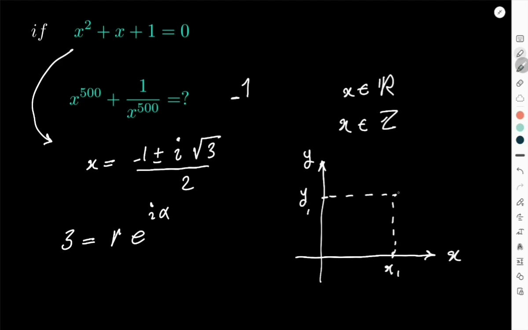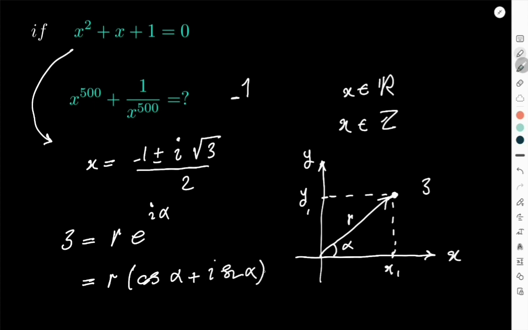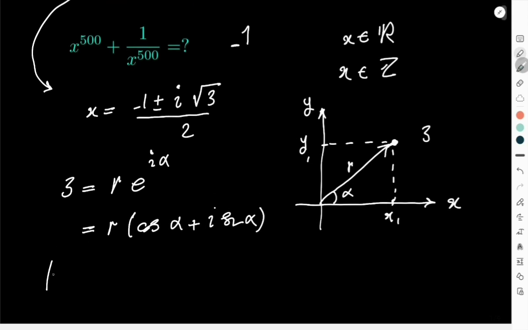This is z. So we know that z can be looked at as a vector where the size of the vector equals r. So r is the size of this and alpha is the angle here. And this is indeed the Euler formula, and if you expand this formula, you get r times cosine of alpha plus i sine of alpha. And the absolute value of z equals r.